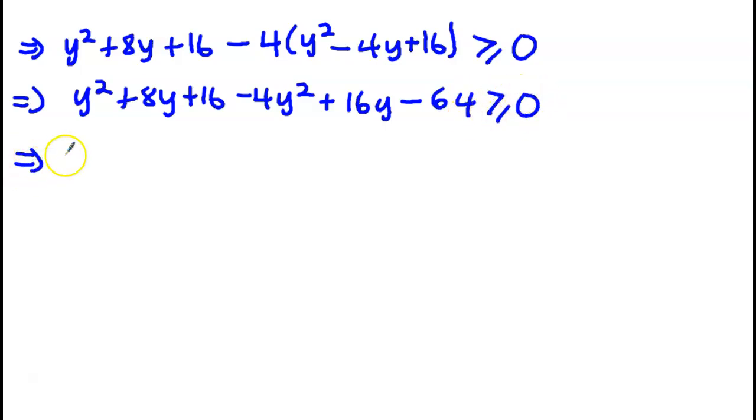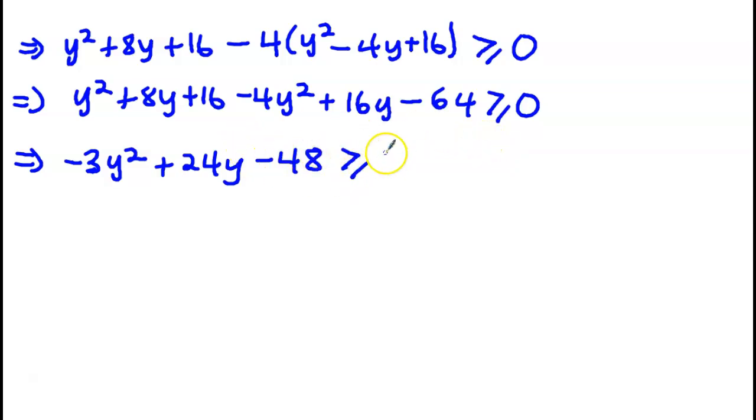When we rearrange, y squared minus 4y squared, we have minus 3y squared, and then 8y plus 16y, that will be plus 24y, and then 16 minus 64, we have minus 48, greater or equal to 0.